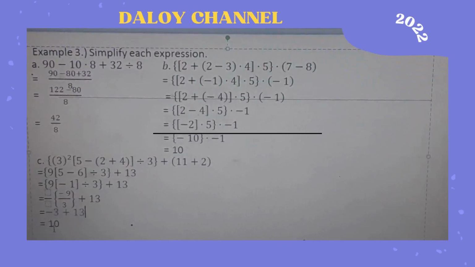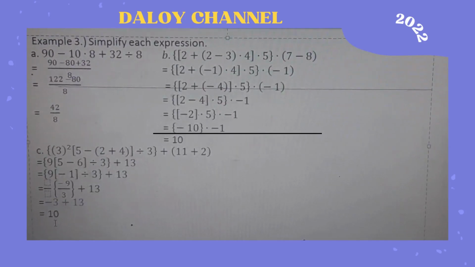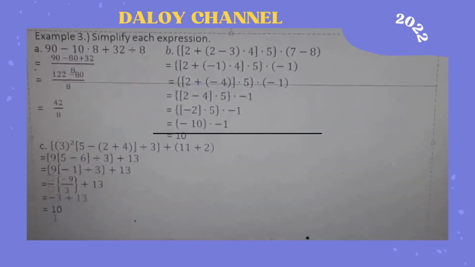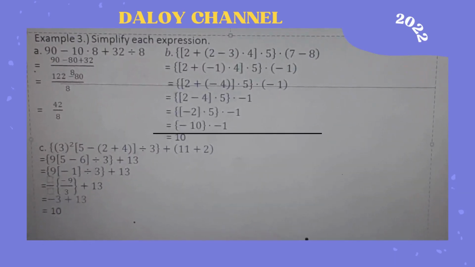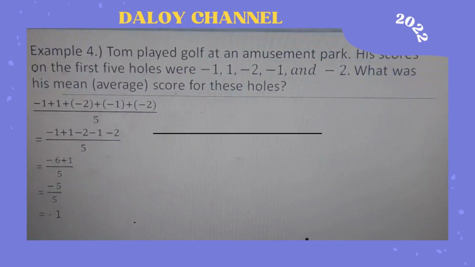The final answer would be positive 10. So it's very clear that we are doing here step by step of all the examples, considering the idea of order of operation. That is through PEMDAS. So let's continue. In our fourth example, it's a worded problem.